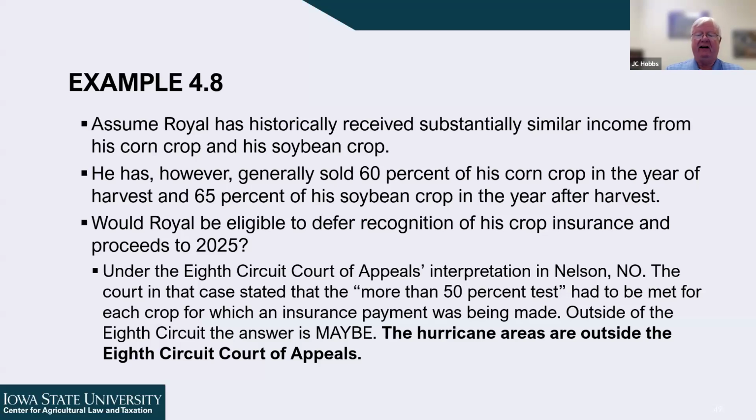More than likely, these hurricane areas are going to be outside the 8th Circuit. You're going to be allowed to do that. I put in here maybe, but from everything I can find, it looks like that's going to be allowed. You'll have to look at your specific tax situation to make sure that does apply to you.